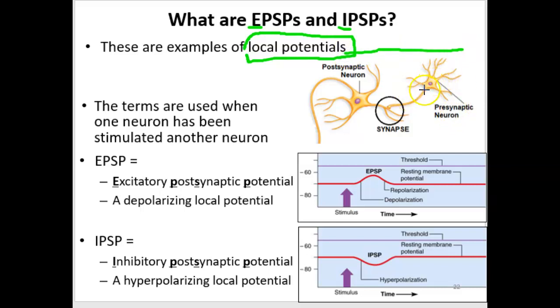Let's say a presynaptic neuron right here, this first one, is conducting an impulse down to its axon terminals. It forms a connection or a synapse with another neuron. In this postsynaptic neuron, they measured what is the effect on this particular neuron when there's an impulse that comes here. And they found that sometimes it's excitatory and sometimes it's inhibitory, depending on what chemical was released there.